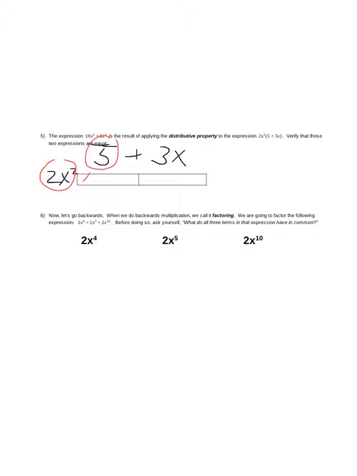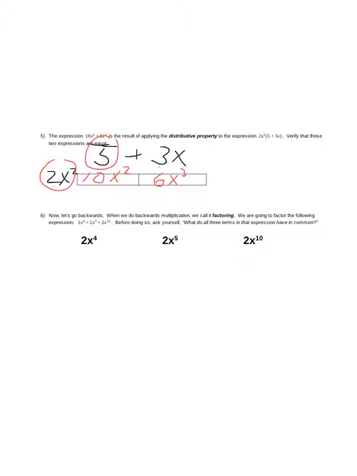And you want to say 10x squared is the result of multiplying those 2 things. And then when I multiply 2x squared times 3x, for this box, I am going to get 6x cubed.